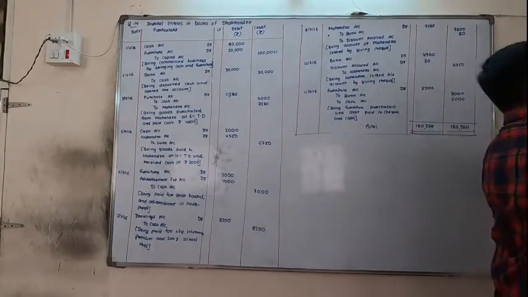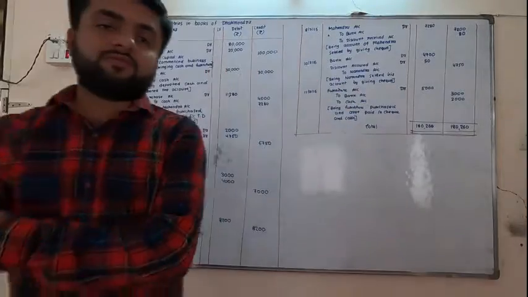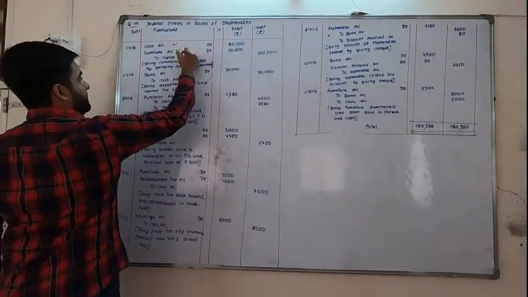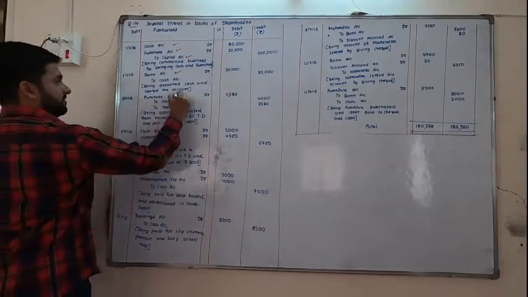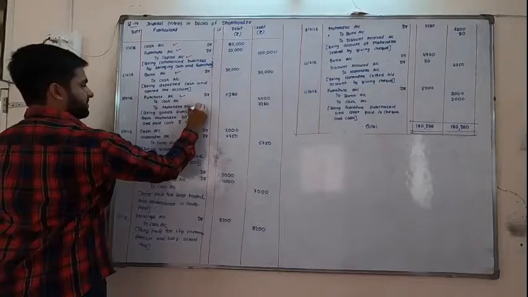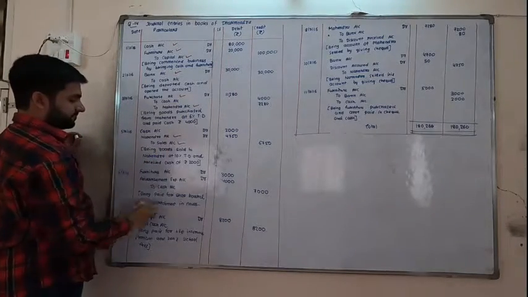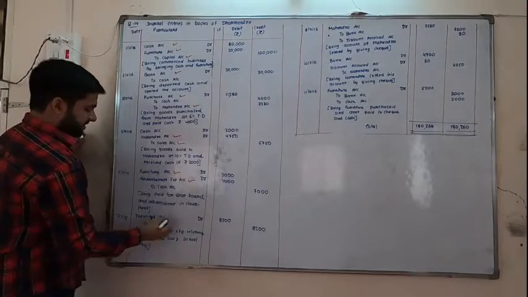Okay. Now friends, we have to mark which are the accounts to be prepared. Cash, furniture, capital. Bank, cash is repeated. Purchase, cash is repeated. Mahendra, cash is repeated. Narendra, sales. Furniture, advertisement expense, cash is repeated.